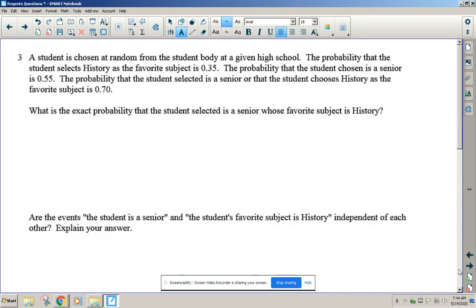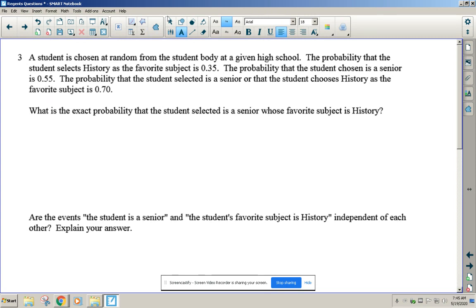Now, number 3. Now notice these are pretty big problems. These are definitely on the part 3 or part 4. A student is chosen at random from a student body at a given high school. The probability that the student selects history as a favorite subject is 0.35, which is pretty significant. And the probability that the student chosen is a senior is 0.55.